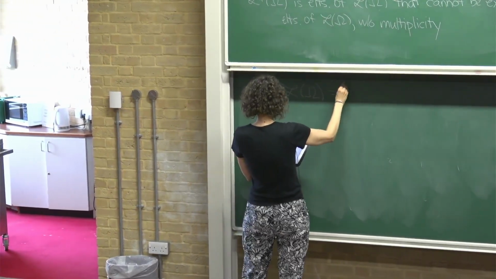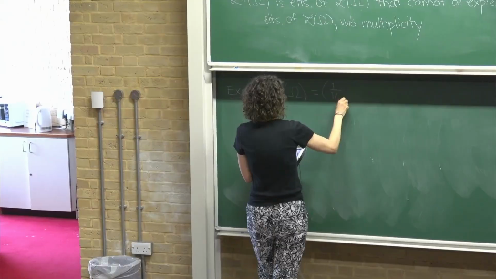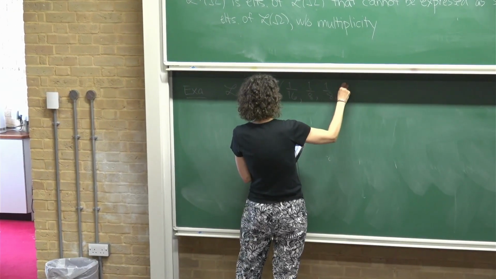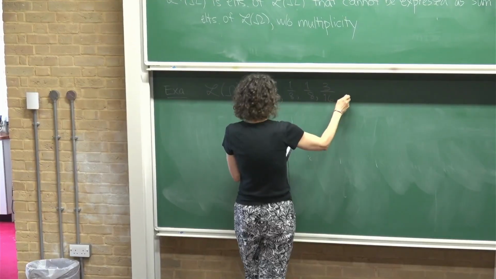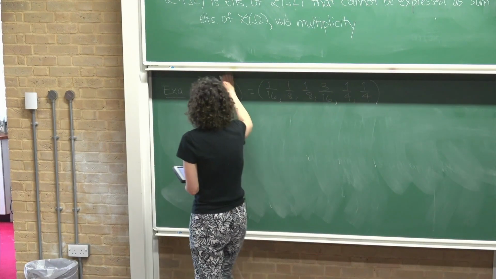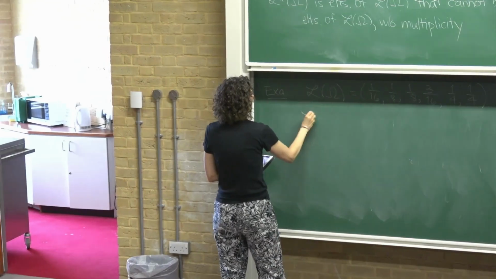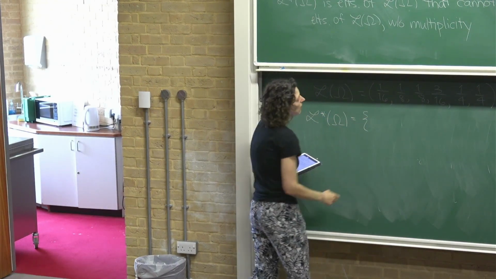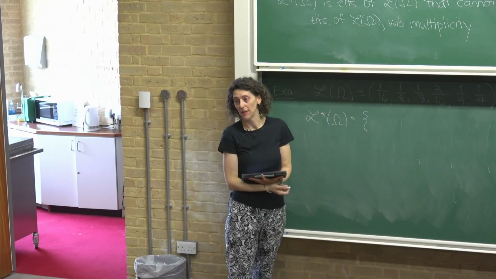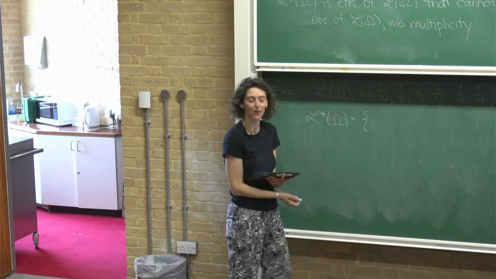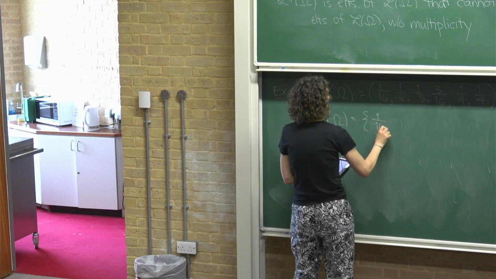Say L omega is 1/16, 1/8, 1/8, 3/16, 1/4, 1/4. Should we put in 1/16? It's the smallest, so yes.